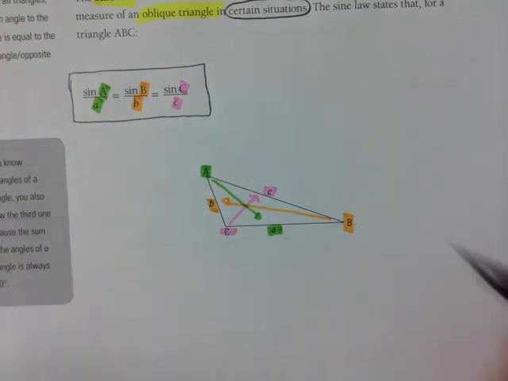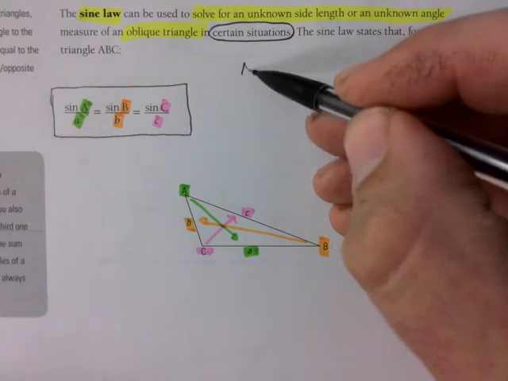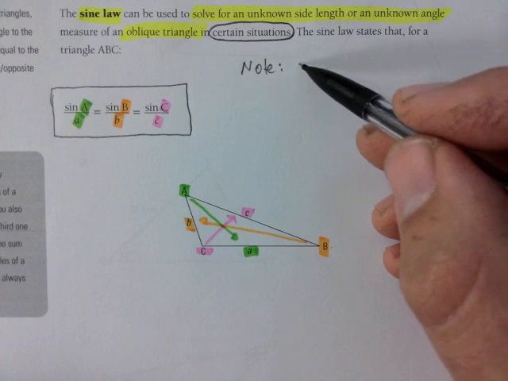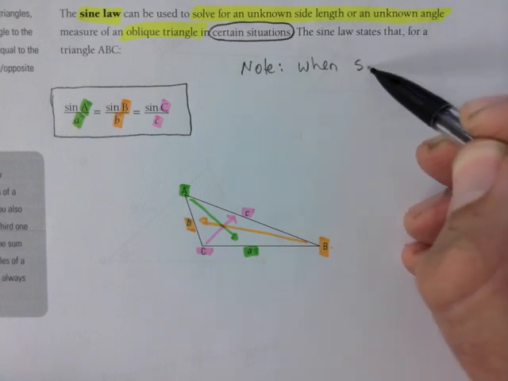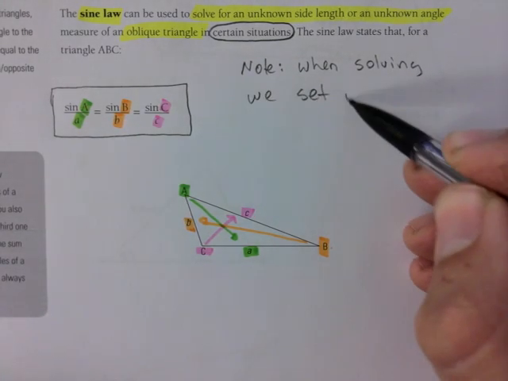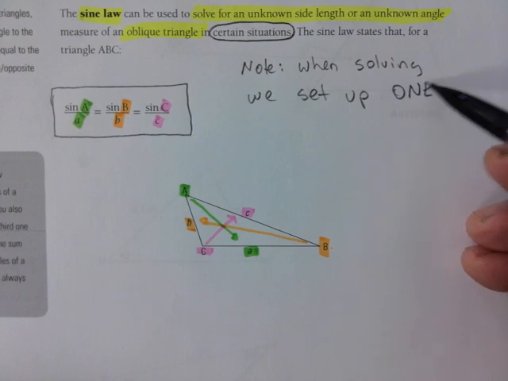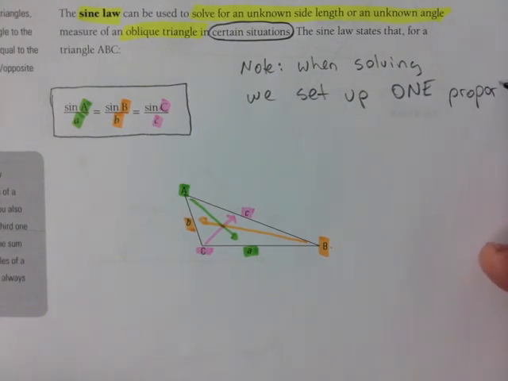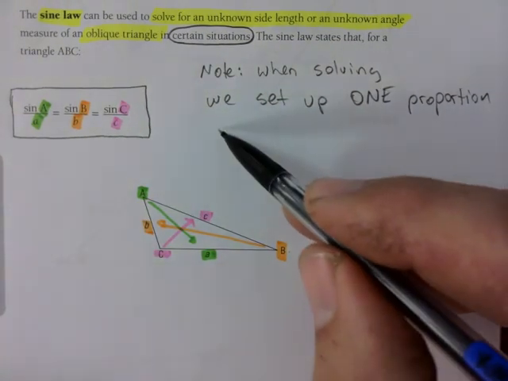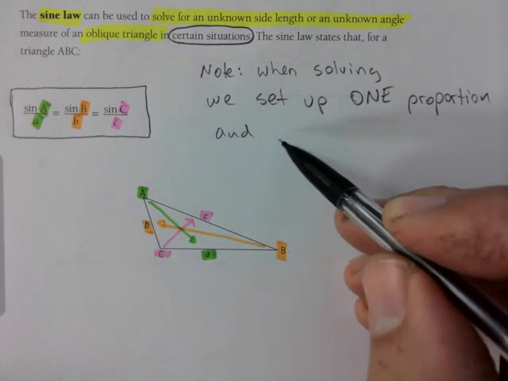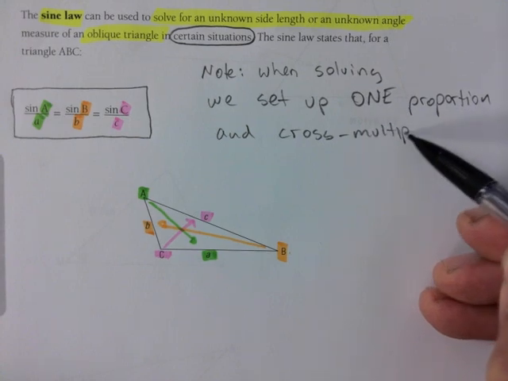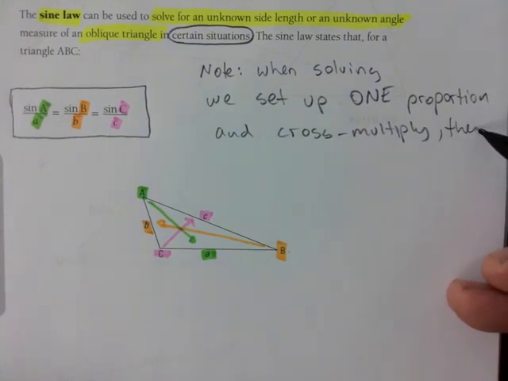So note on the top here, when solving, we set up one proportion, sorry, you can't see that there, one proportion, and cross multiply, then divide.